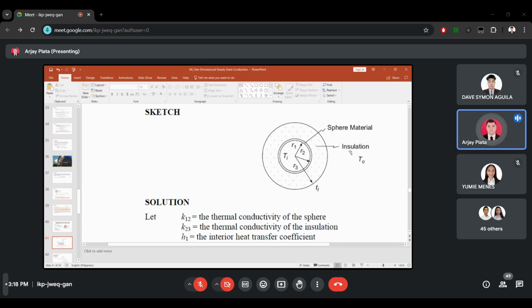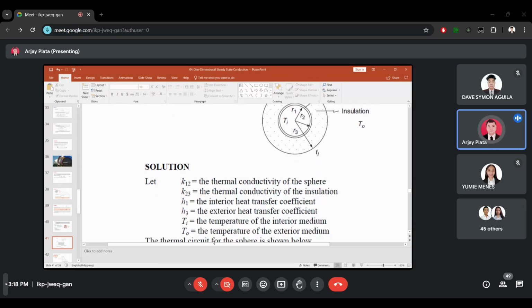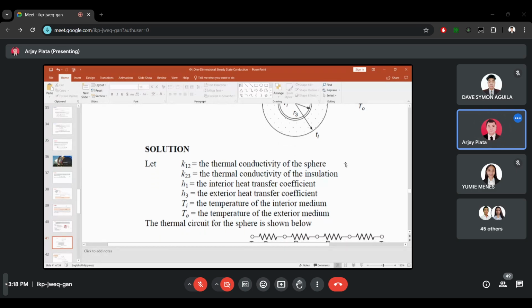So we have air here. That's To, the temperature of the exterior medium. So we have To for the air, and Ti for the steam. H3 is for the exterior heat transfer coefficient. So we have fluid here, so we have convection. That's why we have H1 and H3. H1 is for the inside, H3 is for the outside.